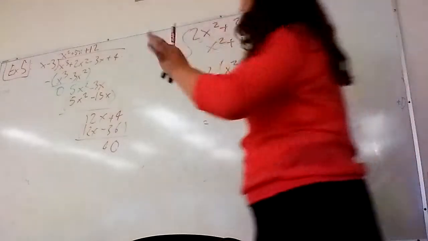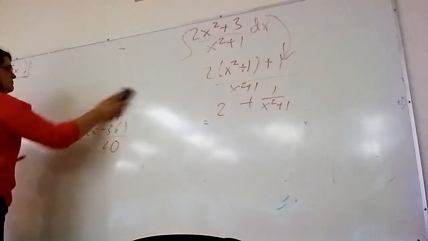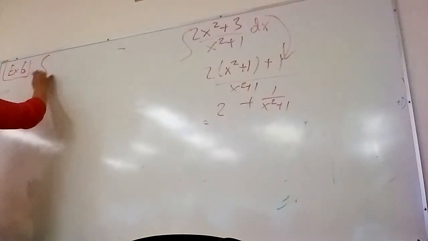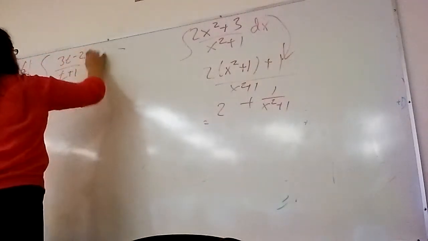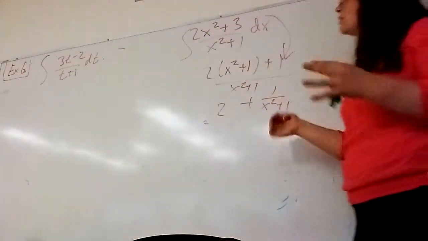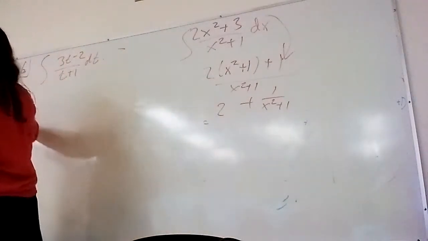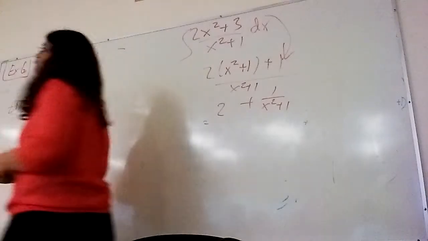This is what an example of this is going to look like. Example 6: we have the integral of 3t minus 2 over t plus 1. The key thing is, before we go any farther, we need to do long division of polynomials. We need to take t plus 1 and divide it into 3t minus 2.